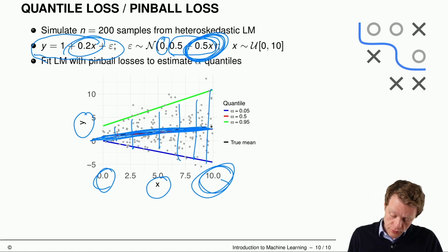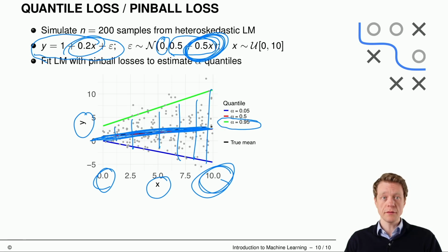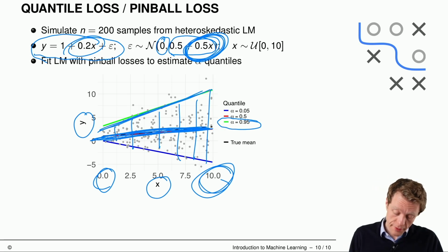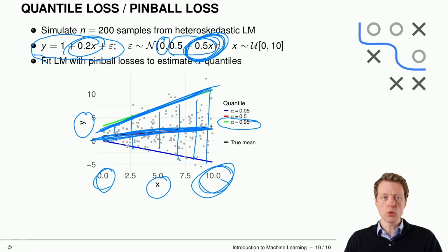So if we use the pinball loss or quantile loss, for example, for alpha is 0.95, then we can estimate this conditional quantile here, which is, for example, used in growth curves, where it is evident that some subgroups are either growing very well or, due to several perhaps causal effects, not growing that well. I won't go into the details here, but it is definitely used in statistics. And that's it for the quantile loss.